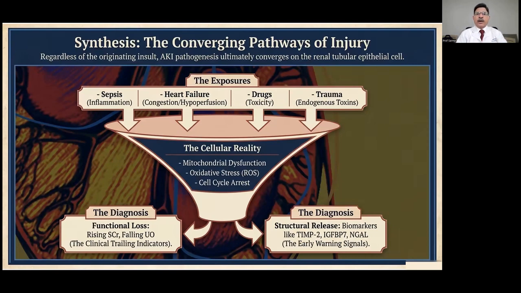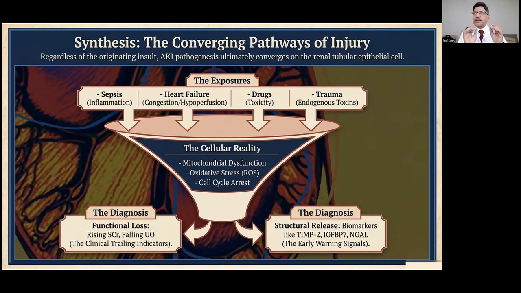Now we have to converge all the pathways of injury into one. What is that? Regardless of the original insult, AKI pathogenesis ultimately converges on the renal tubular epithelial cell. Somebody asked, what is it that is damaged in AKI? It is not the glomerulus. It is the renal tubular PCT epithelial cell.